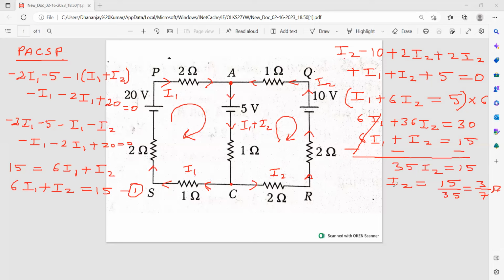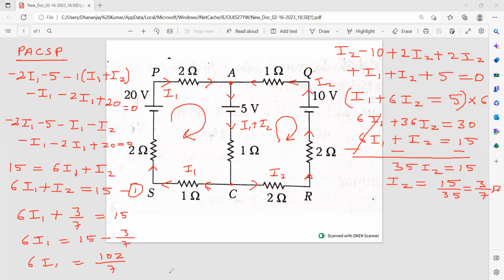So we can find out I1 using any of the equations. Let us use this equation 1. We have 6 I1 plus, in place of I2, I can write 3 by 7, is equal to 15. So we have 6 I1 is equal to 15 minus 3 by 7. So this is 6 I1 is equal to 105 minus 3, will be equal to 102 by 7.